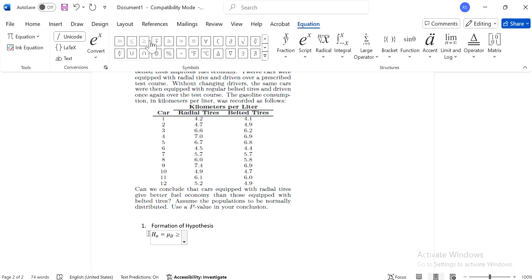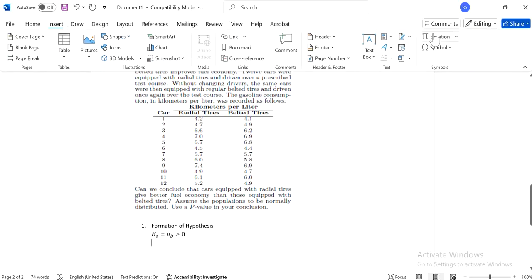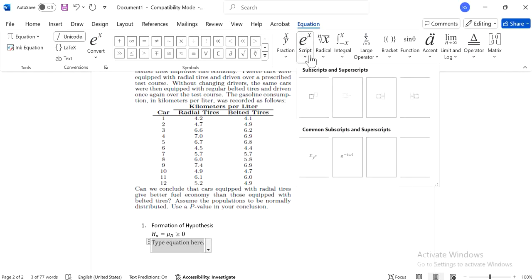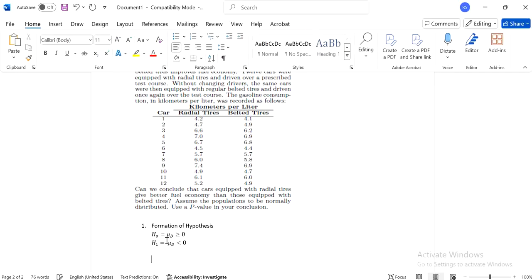So it is providing more fuel economy. The null hypothesis will be mu d is greater than or equal to 0. Now we are moving to the alternative, H1, that is mu d is less than 0. So these are our hypotheses.